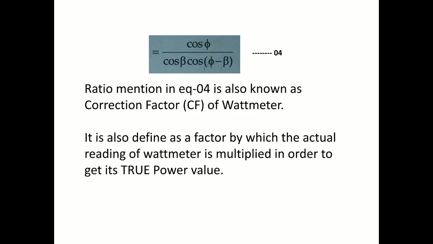So you will get cos phi whole divided by cos beta into cos of phi minus beta. Now this factor is known as the correction factor, and it is defined as a factor which is multiplied by the actual reading of the wattmeter in order to obtain the true value of power which is consumed by that particular load.